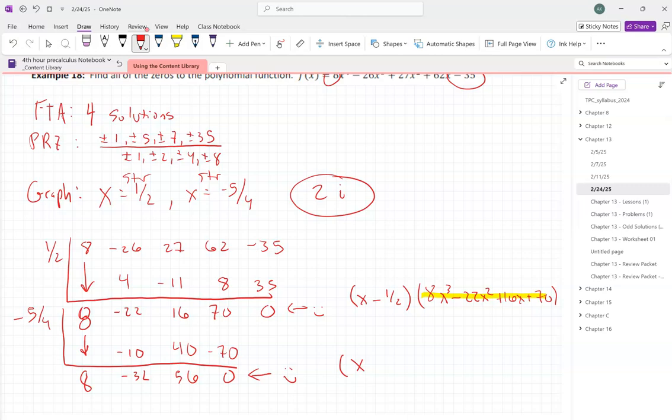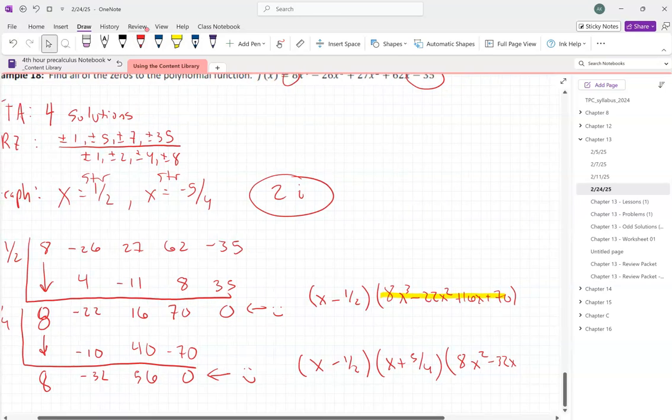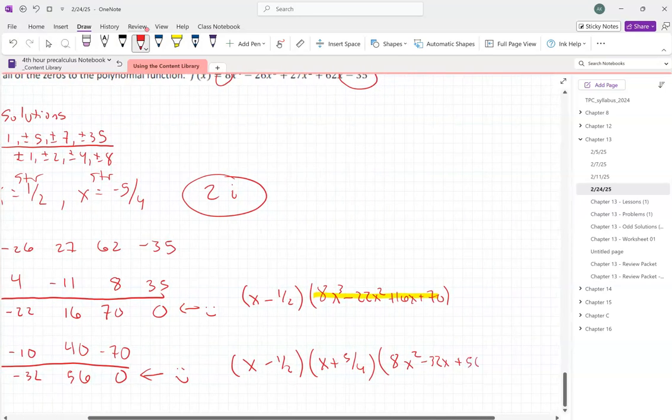Oh, good. So that worked. So I have still the x minus 1/2, and I have an x minus 5/4, and then I'm going to have this guy here.